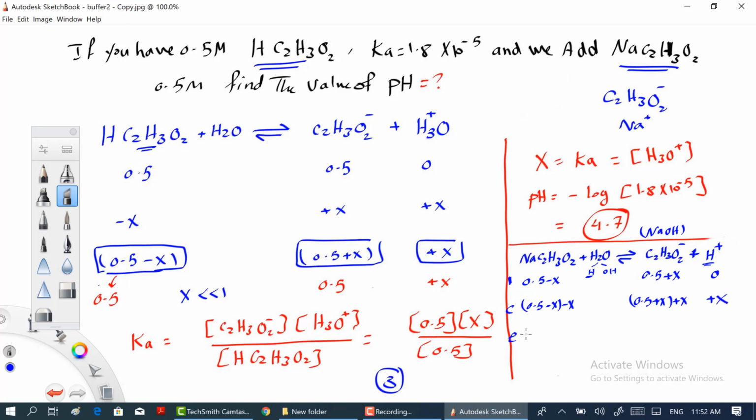In equilibrium, since we have the buffer in this case, it will be 0.5 subtract 2x, 0.5 plus 2x, and this will be positive x. And in this case, we will find that the concentration of H is positive x. So plus x, it will be x plus x, which is 2x.